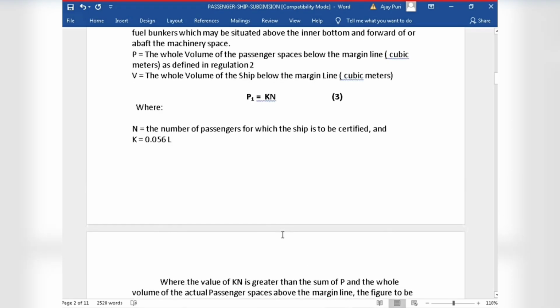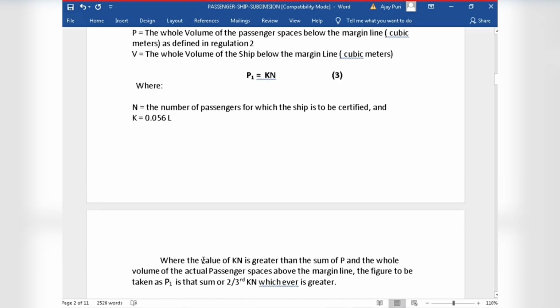Now we see that when the value of KN is greater than the sum of P and the whole volume of actual passenger spaces above the margin line, then the figure is taken as P1. That is the sum or 2/3 of KN, whichever is greater.